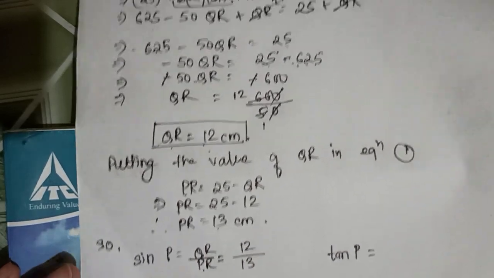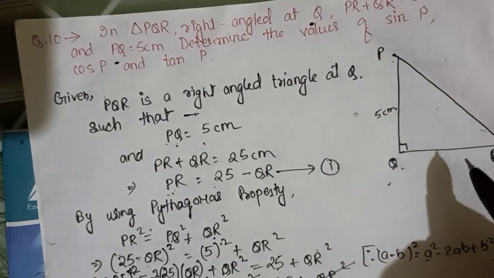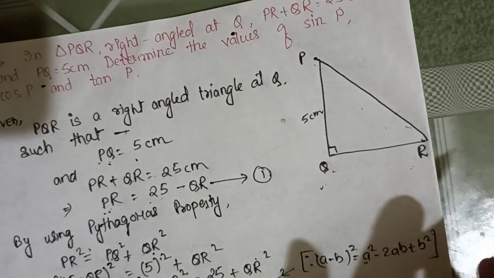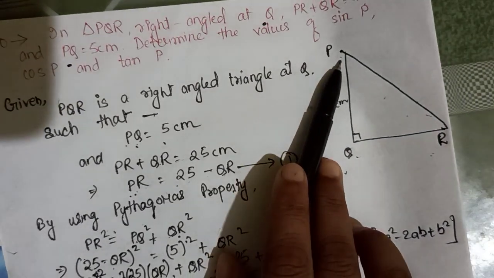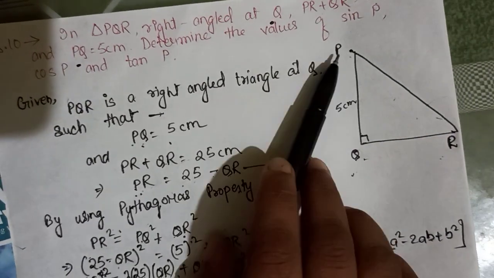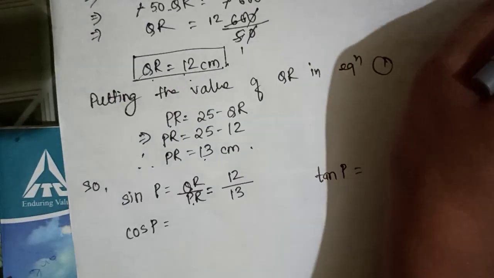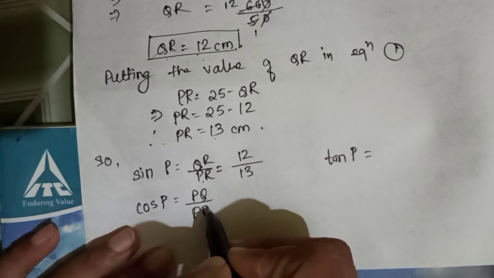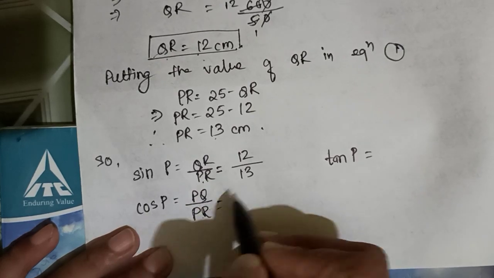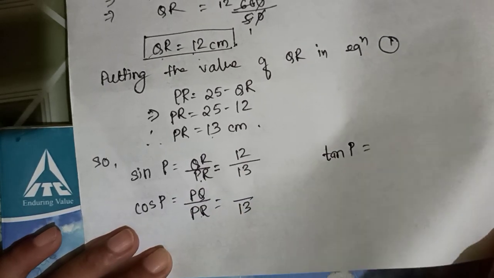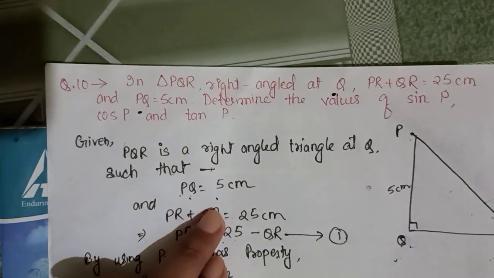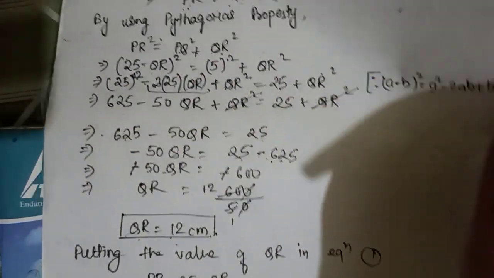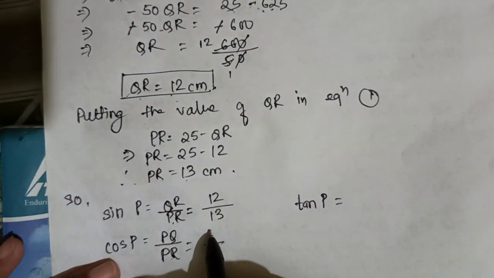For cos P, it is adjacent side by hypotenuse. From P, adjacent will be PQ and hypotenuse will be PR, so PQ by PR. PR we have 13 and PQ we have 5 cm, so 5 by 13.